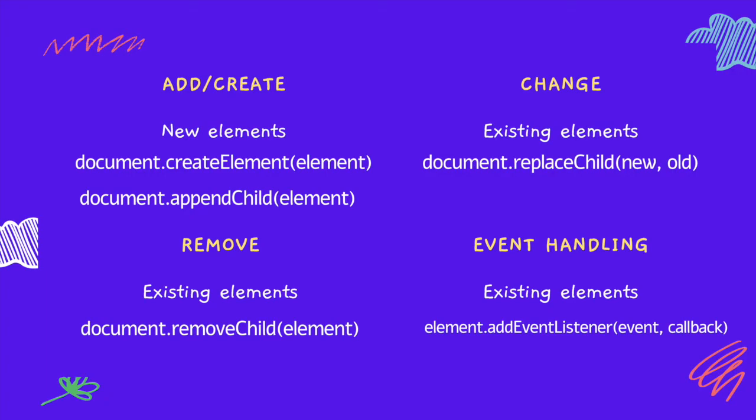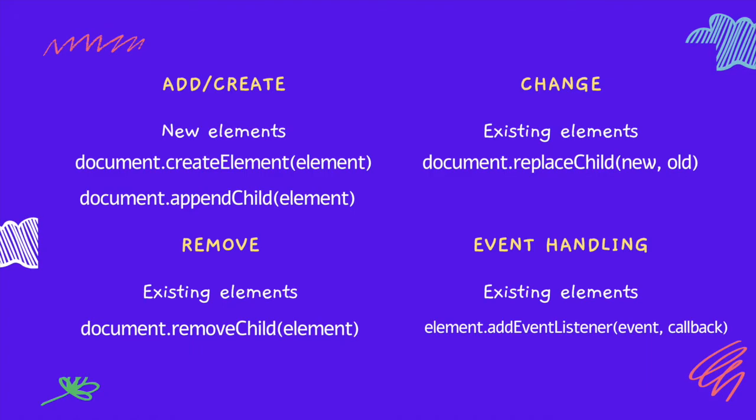And if we want to replace certain elements or change existing elements, we have replaceChild, which accepts the new element that we're looking to add, and it also accepts the old element that we're looking to remove. And then in the case of event handling, we have addEventListener.